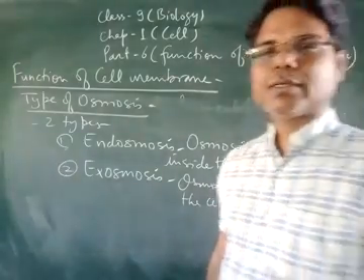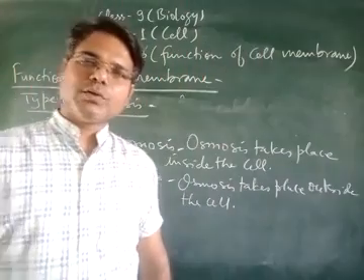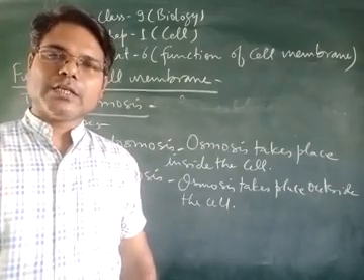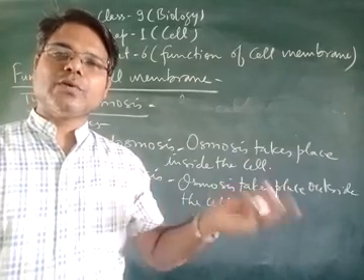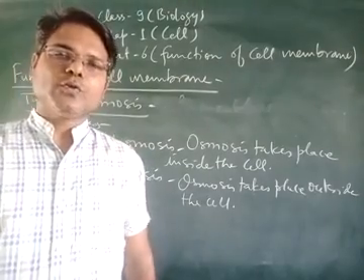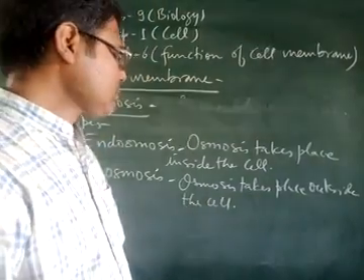When material concentration is higher as compared to the other cell, then transport of material from one cell to another cell takes place through exosmosis. So both these types of osmosis are very important.